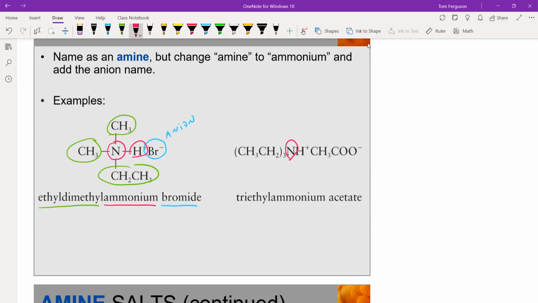Both of these together form ammonium, and that's the anion name.